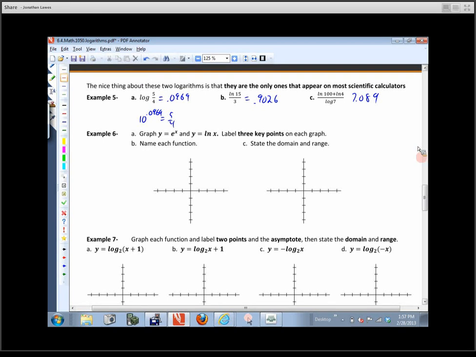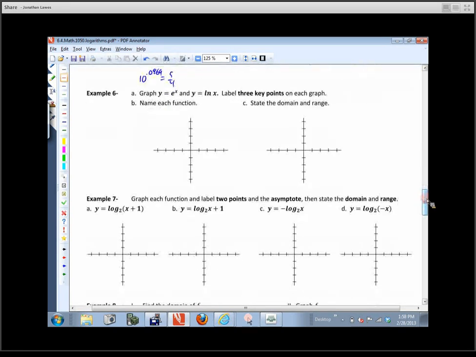Okay. So let's take a look at this next example. Again, because exponential base e and its inverse ln x is really important, let's make sure we know how to graph these. So this would go through 0, 1, 1 comma e, and negative 1, 1 over e. So here's that graph right here. Horizontal asymptote of y equals 0.